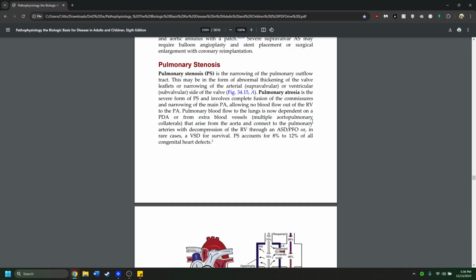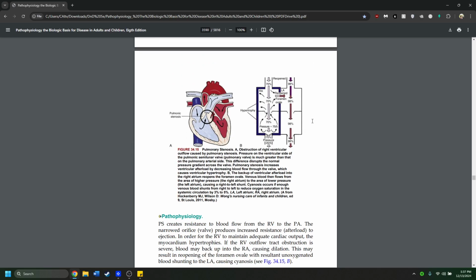Pulmonary blood flow to the lungs is now dependent on the PDA, or on extra blood vessels, multiple aortopulmonary collaterals, that arise from the aorta and connect to the pulmonary arteries, and decompression of the right ventricle through the ASD-PFO, or, in rare cases, a VSD for survival. Pulmonary stenosis accounts for 8 to 12% of all congenital heart defects.